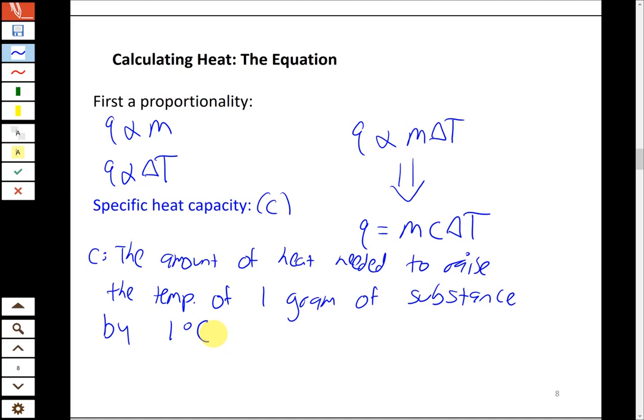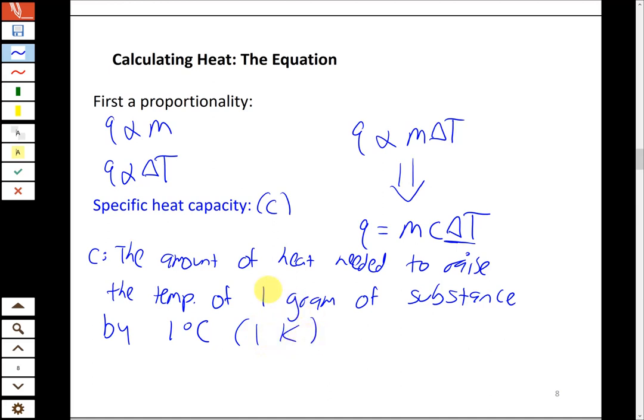Okay? Now, one thing I want to start bringing up here, because it's often a source of confusion in this chapter, and then especially as we compare to what happens in chapter 8. So if we're talking about here, this is always a delta T, a difference in temperature that we're talking about. So the delta T is going to be the same whether it's in Celsius or Kelvin. Okay?